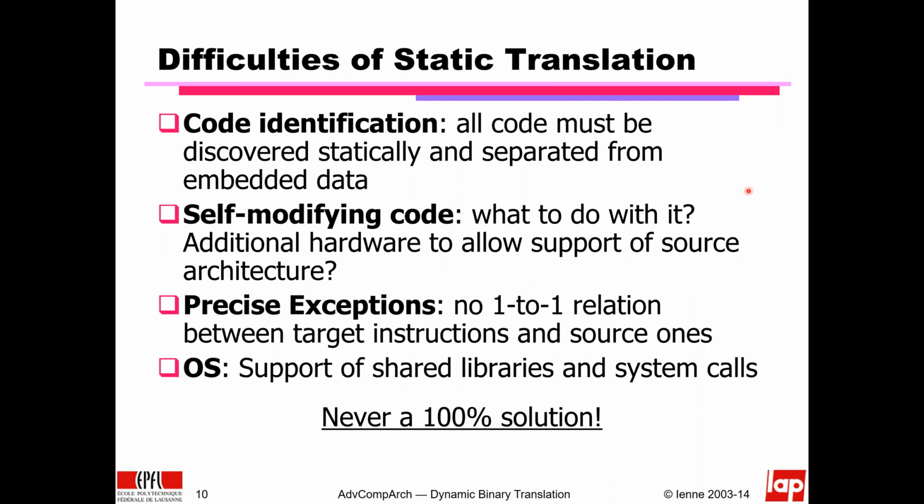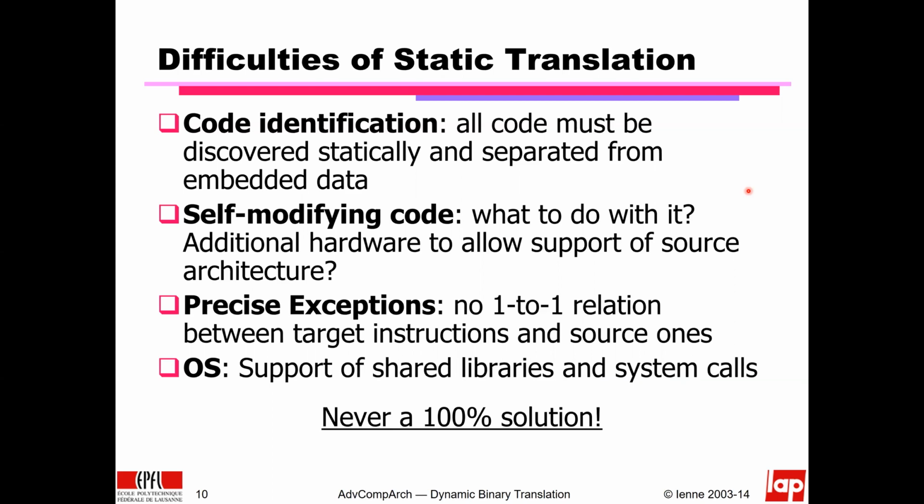Another problem, and it is another problem that should not exist, in fact, is that people do write self-modifying code. And you understand what that means, right? I just write somewhere in the code section, in the part of memory that represents code, some binary word, and this binary word represents an instruction, and then at some point I arrive there and I execute this instruction.